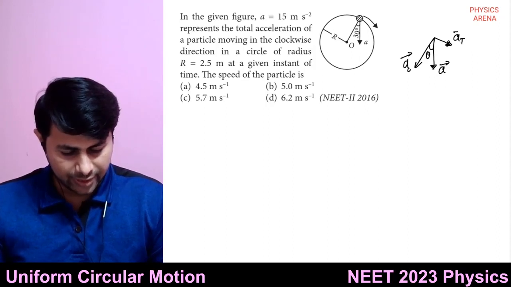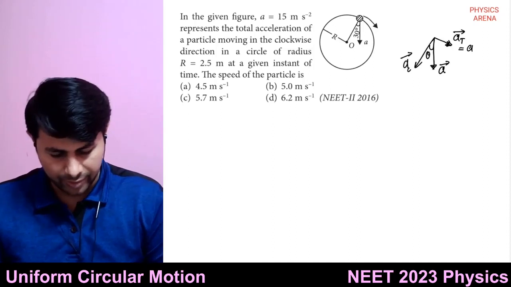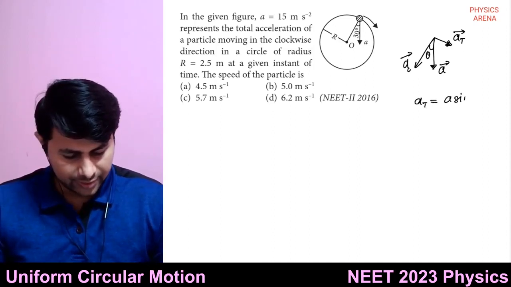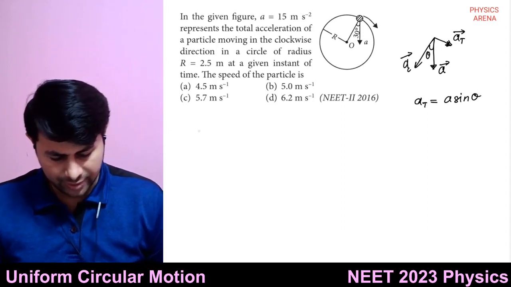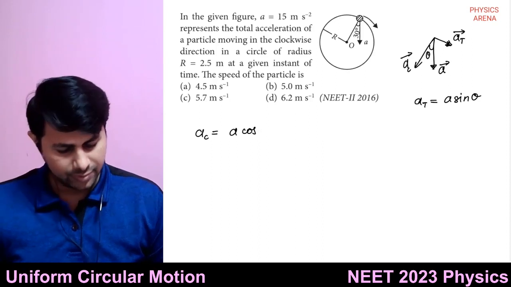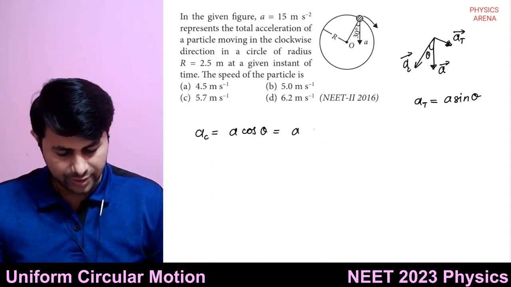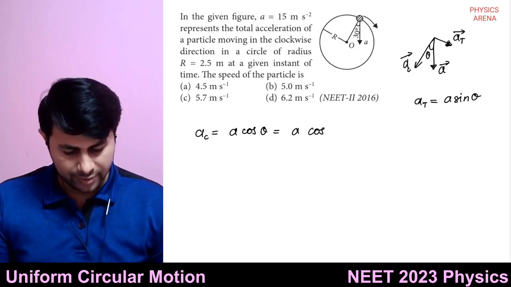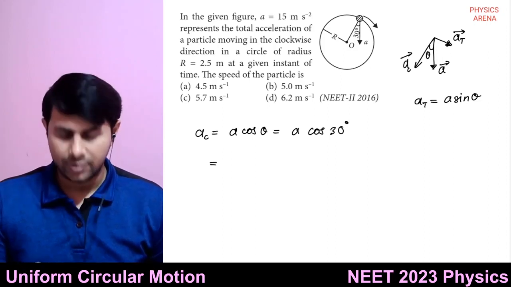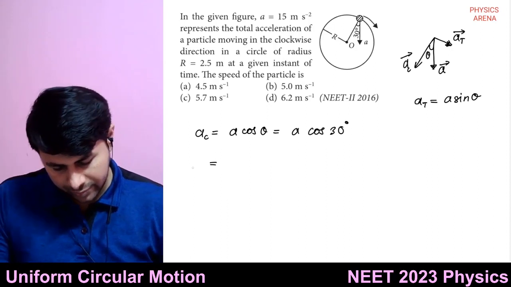So AT is A sin theta in magnitude, and the magnitude of AC, which we need now, is A cos theta. And theta is 30 degrees, so A multiplied by cos 30 degrees, which is root 3 by 2.